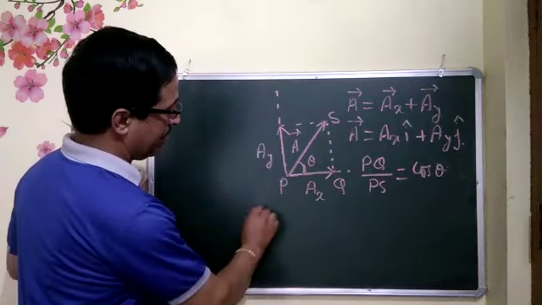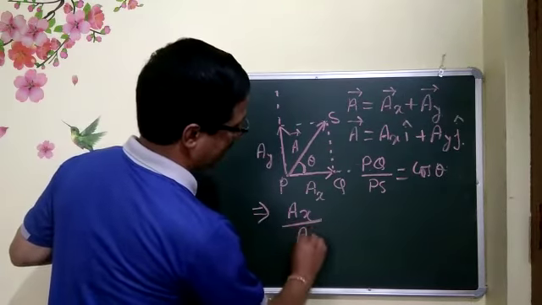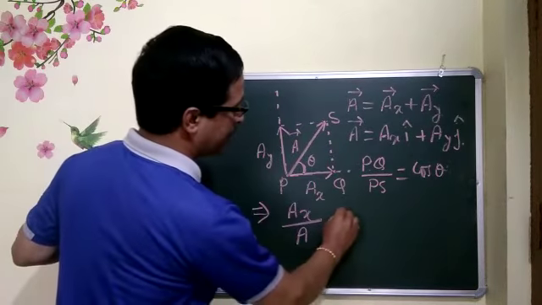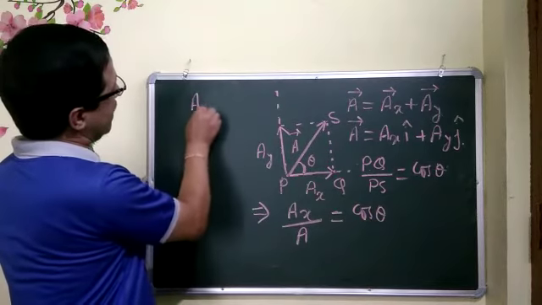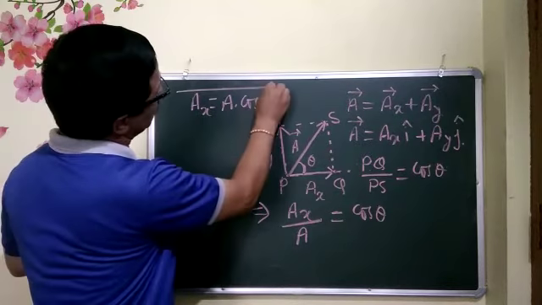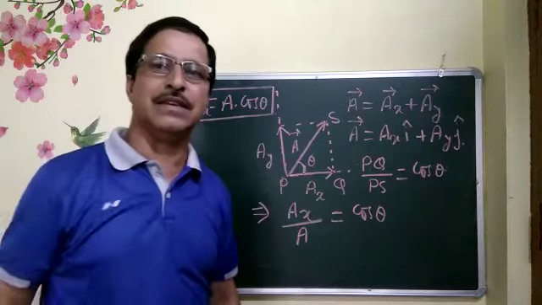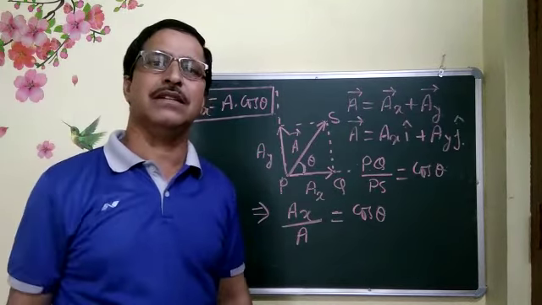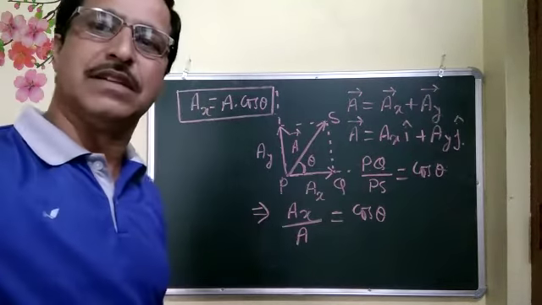It means ax upon A, PS represents the magnitude of the vector A. Ax upon A is cos theta. It shows that ax is equal to A cos theta. So if a vector makes angle theta with the x-axis, then its component in the x-axis direction is given by ax equal to A into cos theta.